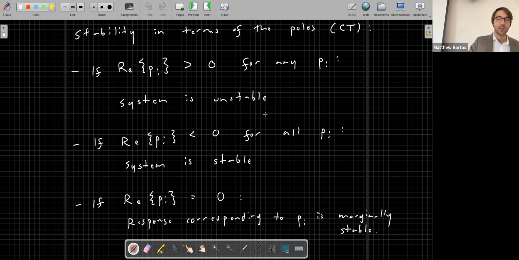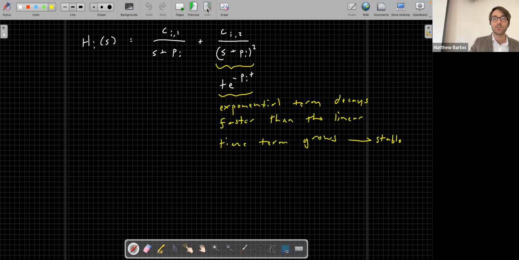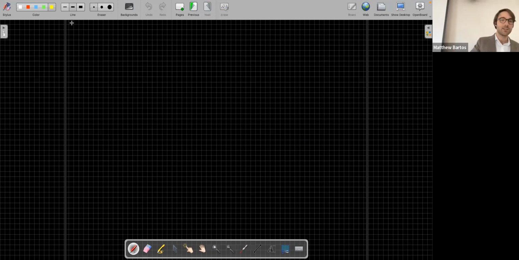Okay. All right, so let's summarize here and also talk about the difference between continuous time and discrete time systems. So let's talk about stability regions. Let's first look at the continuous time case.